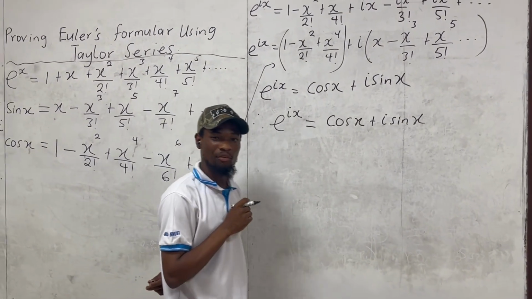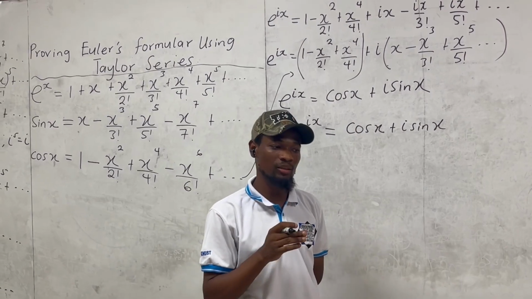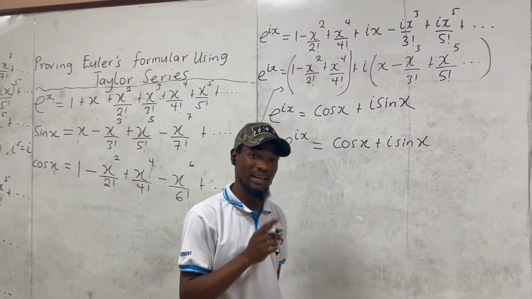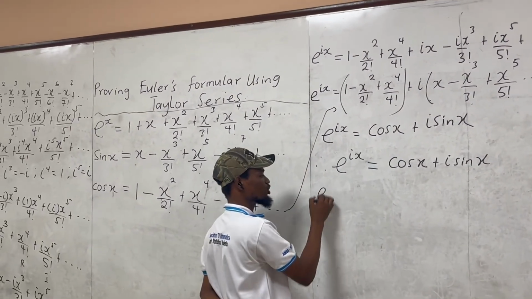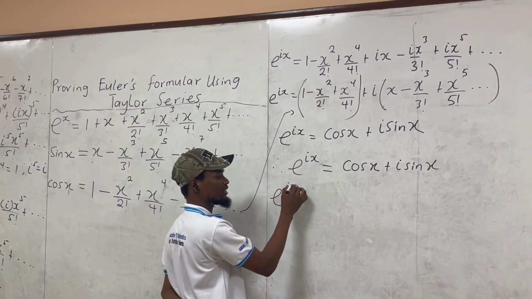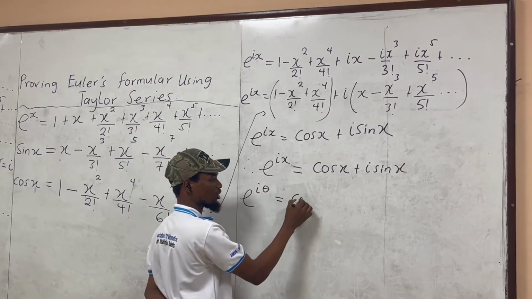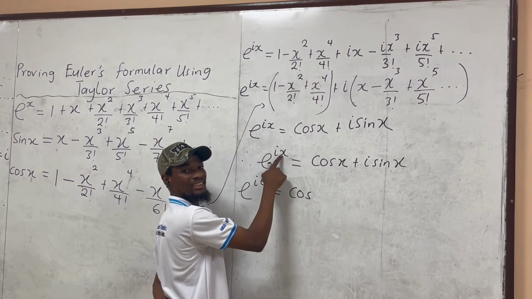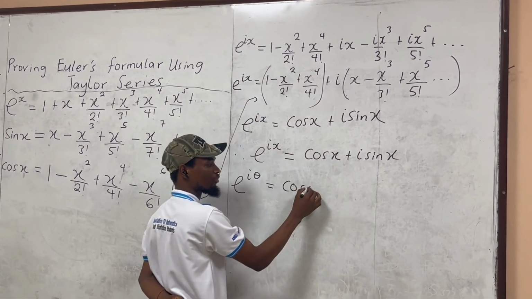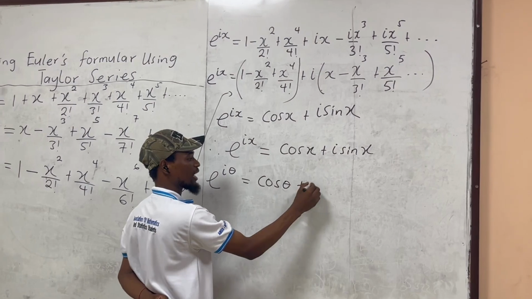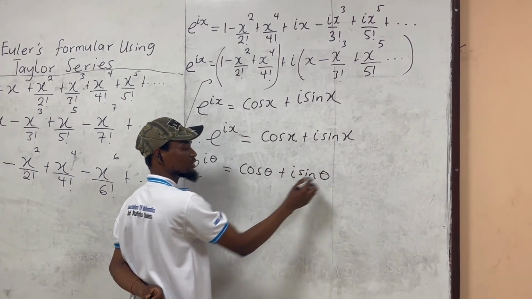Now let's note something over here. Remember, in Euler's form or exponential form of representing complex numbers, we said that e to the power i theta is the same as what? cos, here was x. That explains why here is x and x. So we have cos theta, then plus i sine theta.